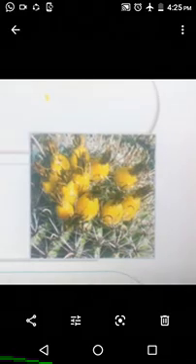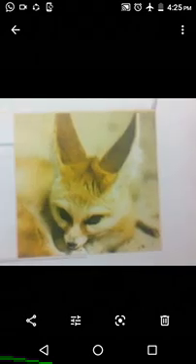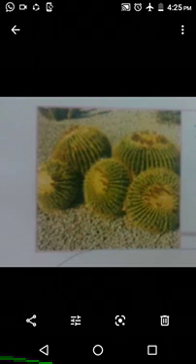So today we'll be discussing some of the species that are found in the desert. So far as your book is concerned, we'll be discussing 5 species which are present in the desert. Number one, we have barrel cactus.